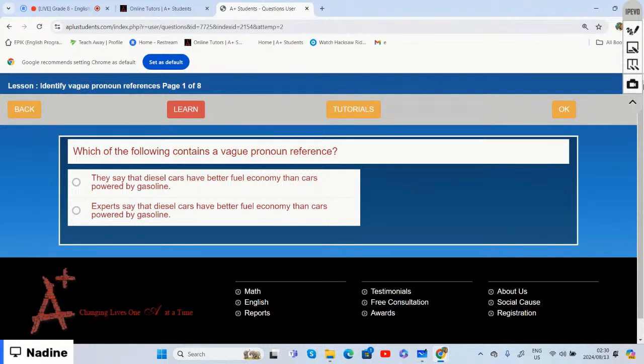It is quite easy, especially if you understand the concept of vague pronoun references. All right, so now we're going to identify the vague pronoun references.